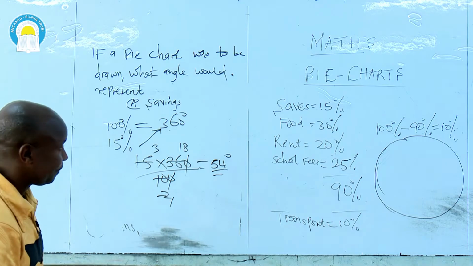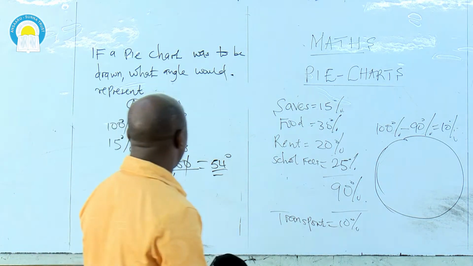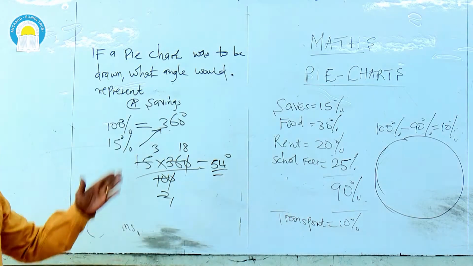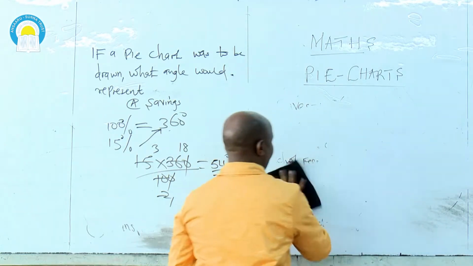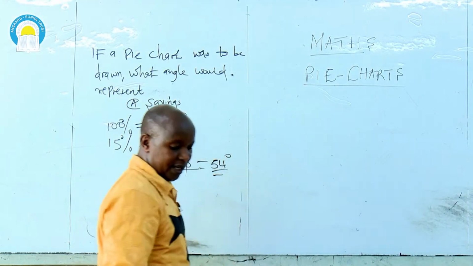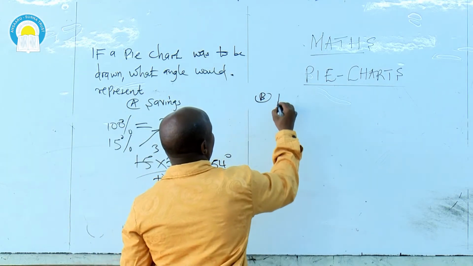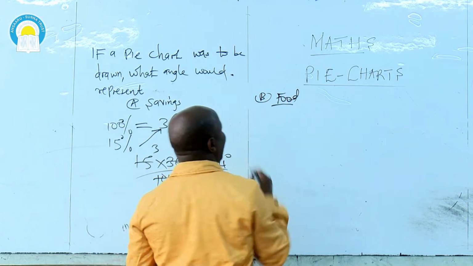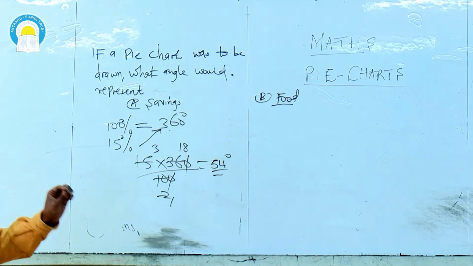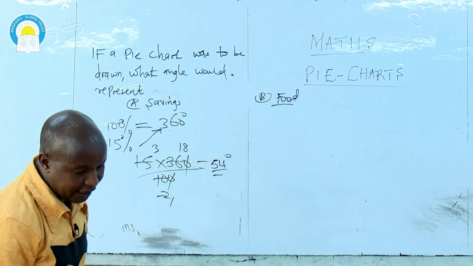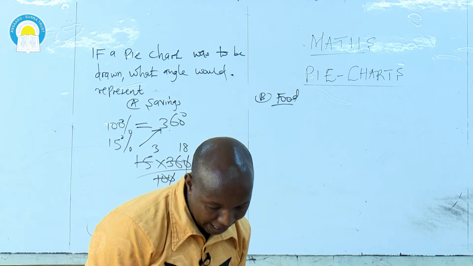Now, question B. If a pie chart was to be drawn, what angle would represent food? According to our question, food was only 20%.